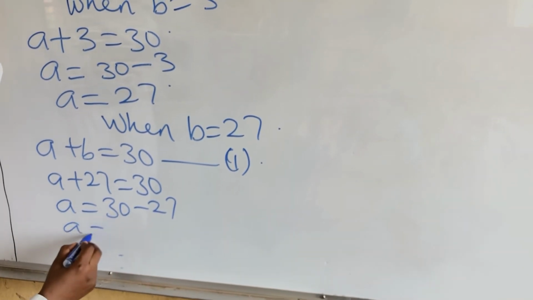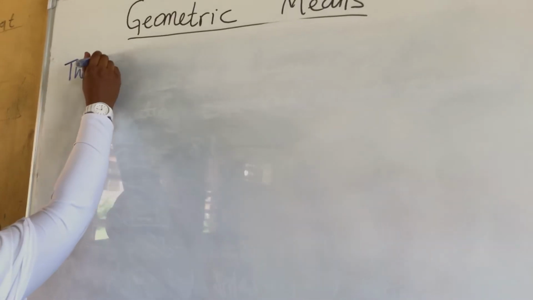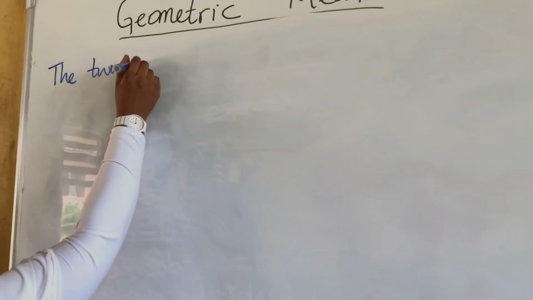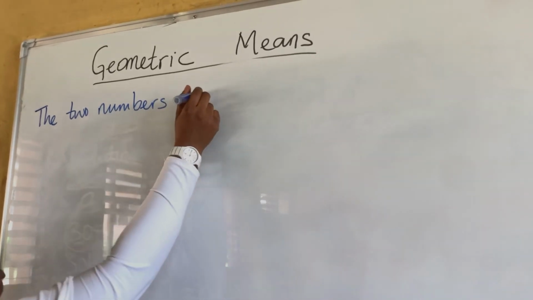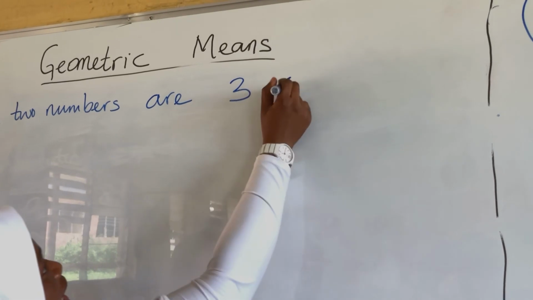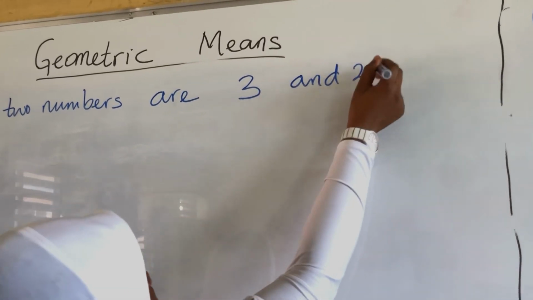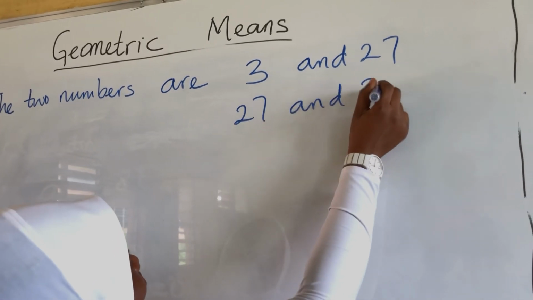A is equal to 3. The two numbers will now be 3 and 27 or 27 and 3.